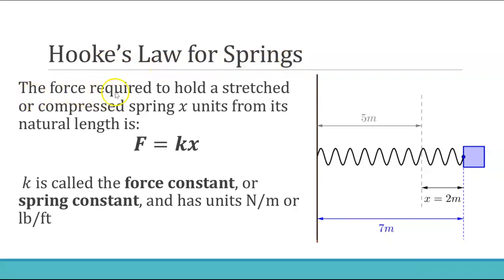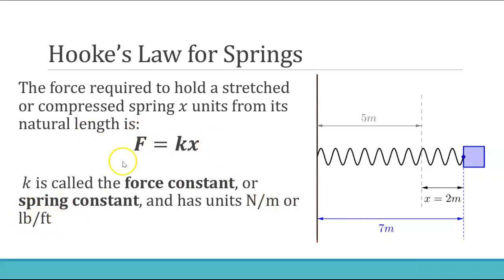The force that is required to hold a stretched or compressed spring, x units from its natural length, is given by the following equation. Force is equal to k times x, where k is called the force constant or the spring constant. And the units of that k value is newtons per meter or pounds per foot.